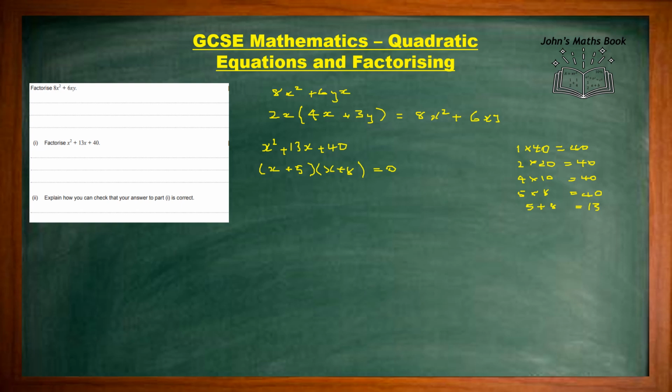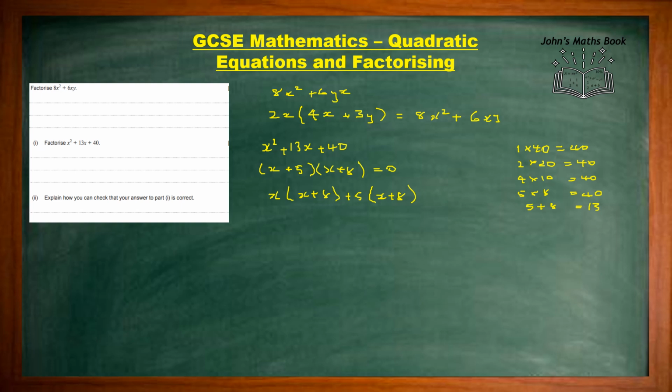The way we can do that is we can multiply out the brackets. So we can multiply x plus 5 and x plus 8. To multiply them out, we would say x multiplied by x plus 8, plus 5 multiplied by x plus 8.